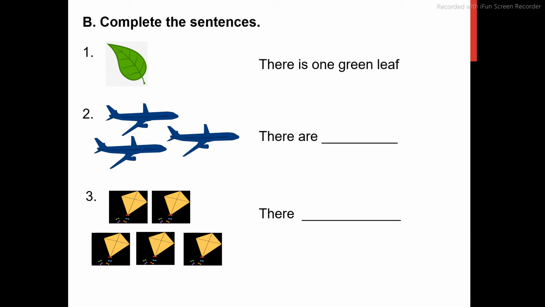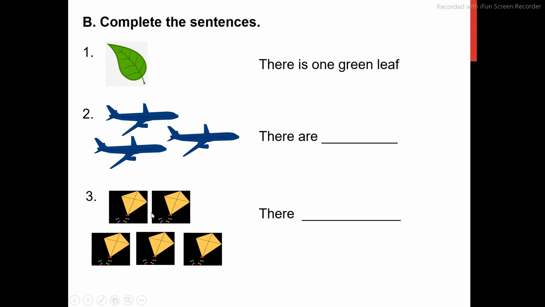Let's look at number 3. In number 3, there are 5 pictures of kites, 5 yellow kites. We need to complete the sentence and fill in there is or there are. We know that we use is when we speak about one item or person, and we use are when we speak about more than one item or person.